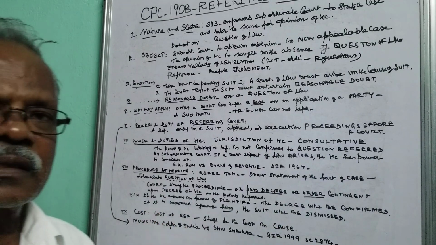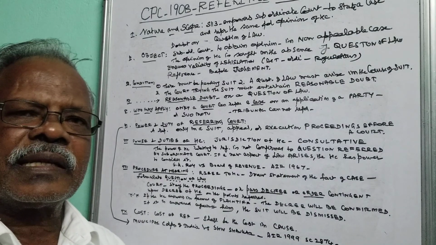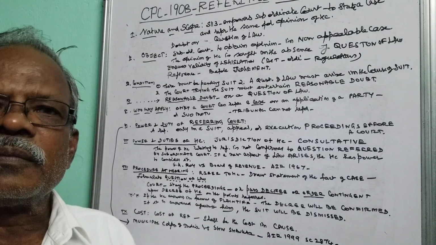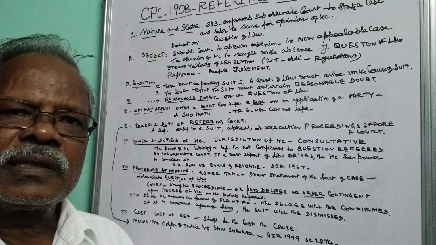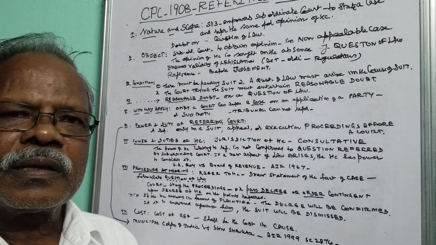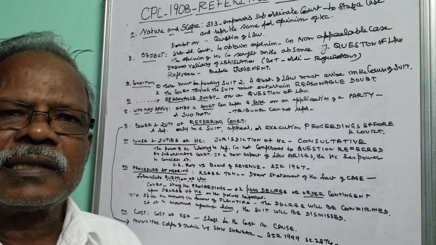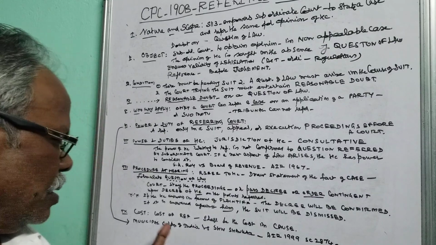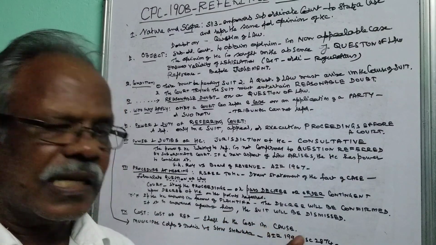Then cost. Usually when a suit is brought before the civil court, there will be costs, including the lawyer's charges. So the cost of reference shall be costs in the cause.